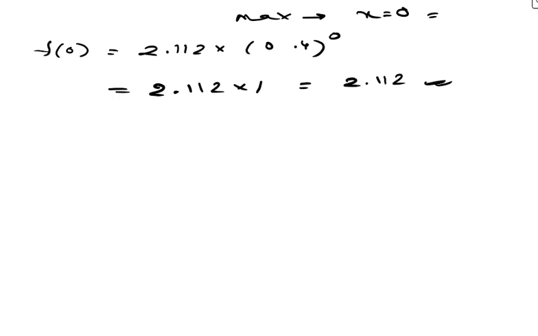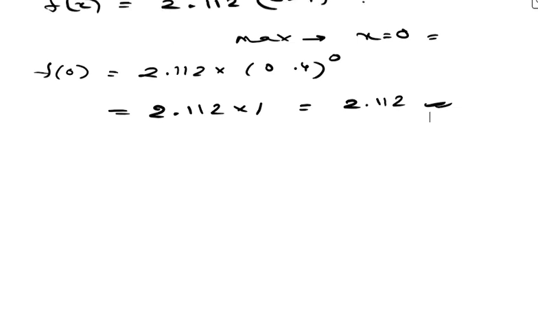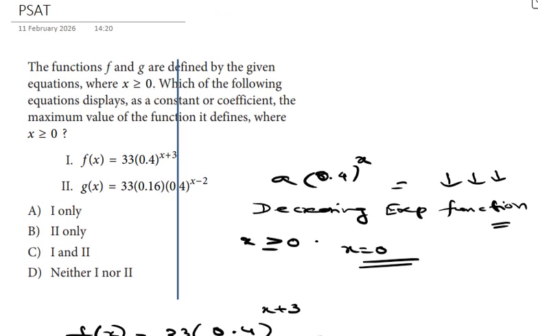Does the equation show 2.112 as a visible coefficient? No, the equation shows 33, not 2.112. So the maximum value is not directly displayed as the coefficient. So statement 1 does not display the maximum value as its coefficient.